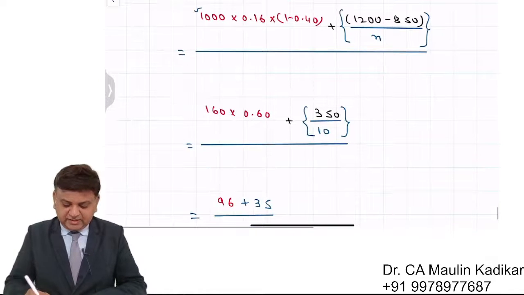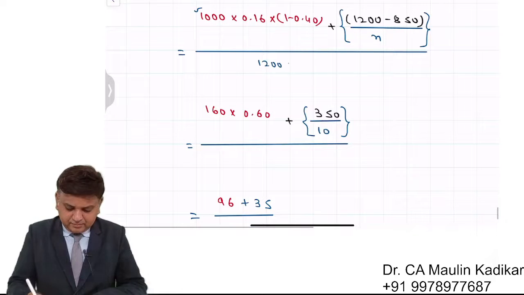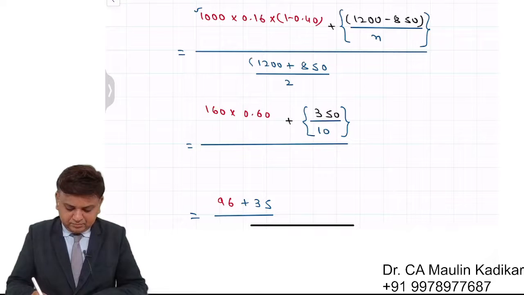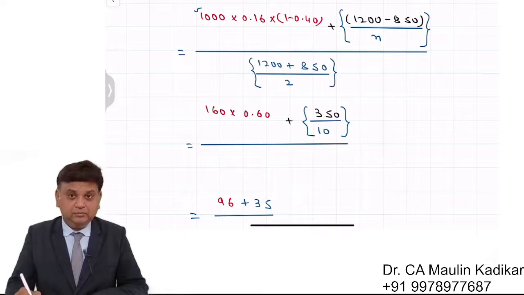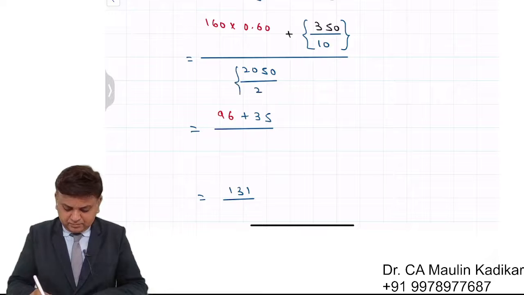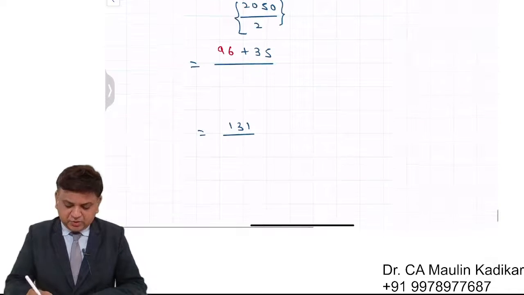What is redemption value? 1200. Amount received is 850, divided by 2. So over here it is 2050 divided by 2. So it is 1025.